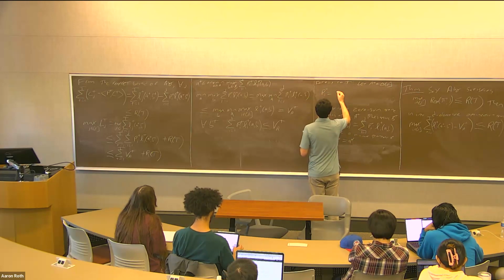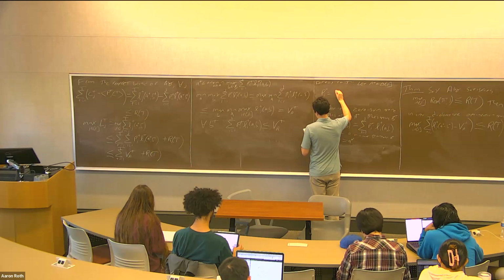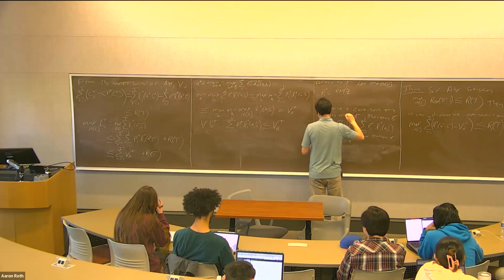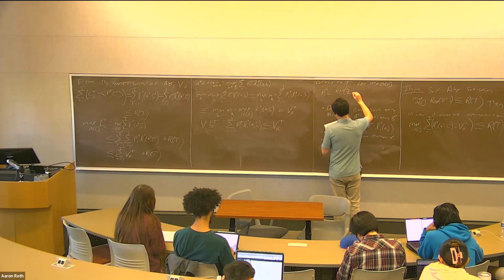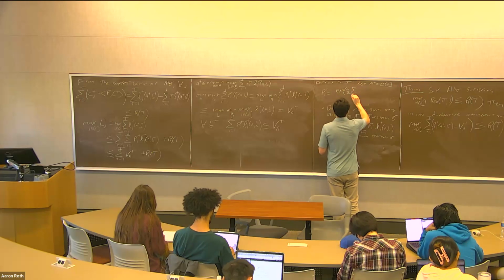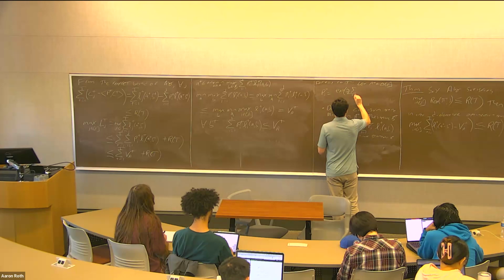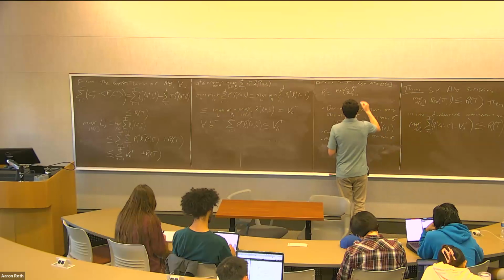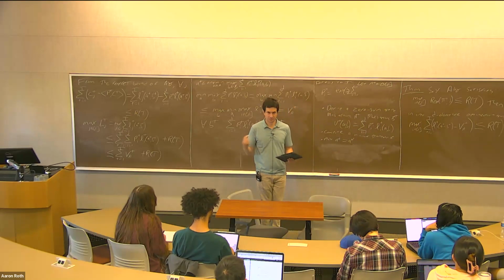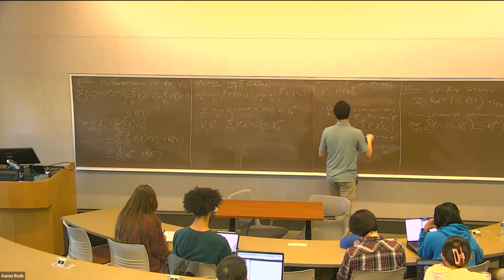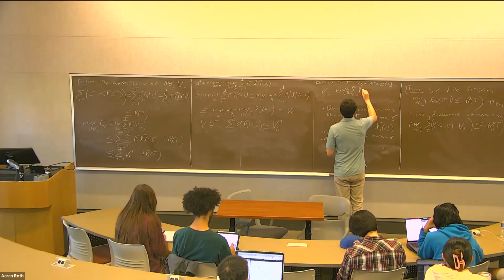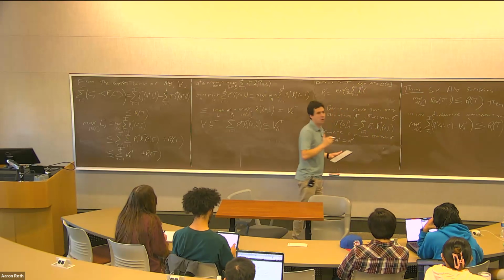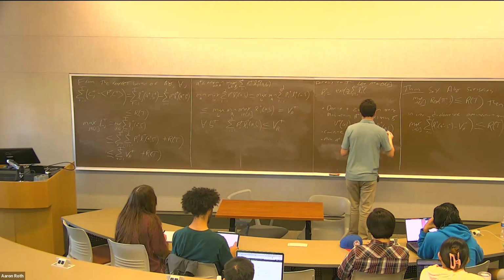The weight for each expert i was the exponential of eta over 2 times the sum over all of the previous rounds, rounds 1 through t minus 1, of the gain of expert i in that round, which in this case is just, at round t prime, the coordinate i loss increment in the game.